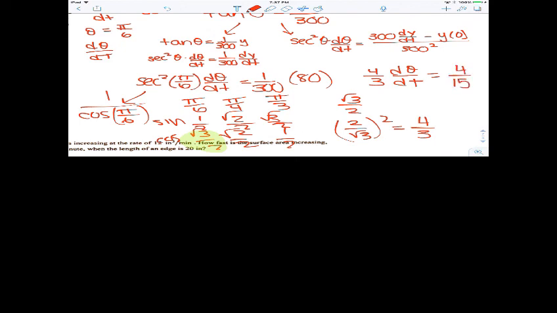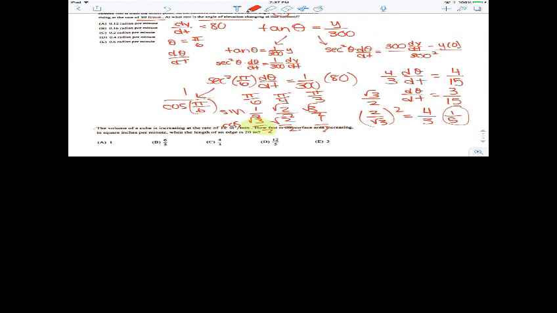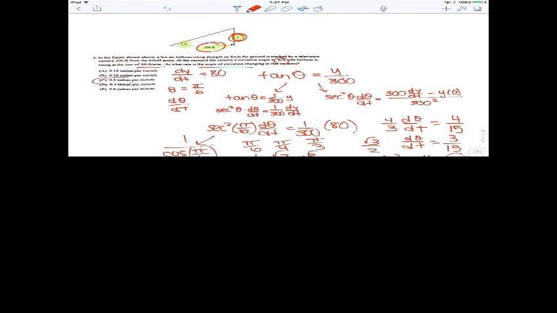And then multiply both sides by the reciprocal. And so this would be 3 over 15 or 1/5. And your measurement there would be radians per second because we're talking about an angle. So this is 0.2 radians per second.